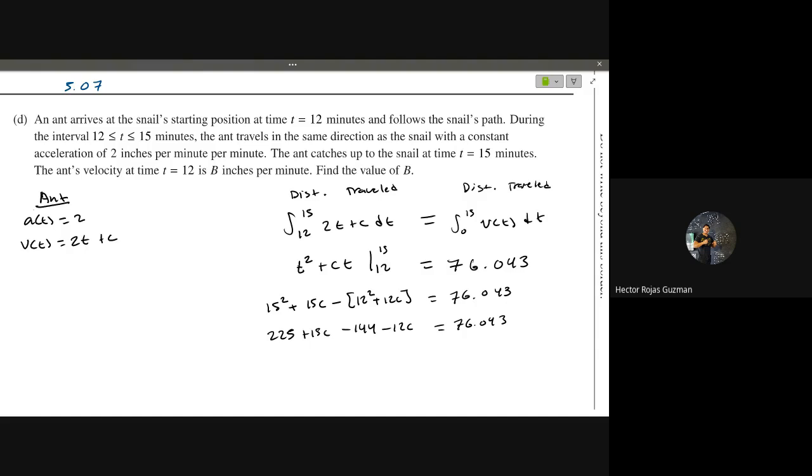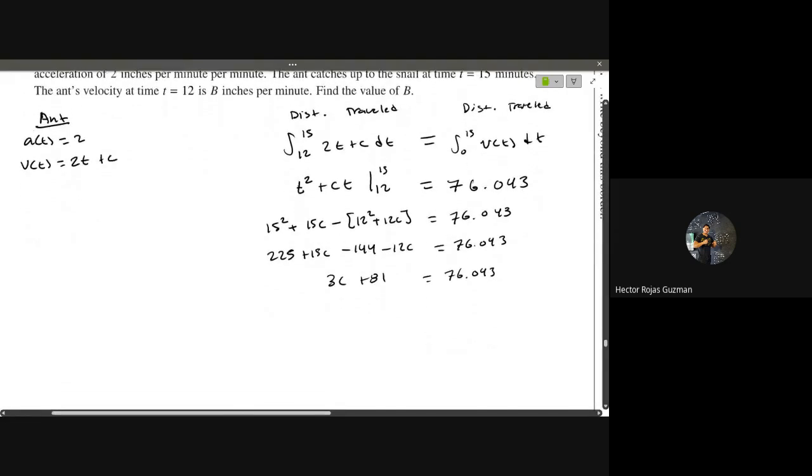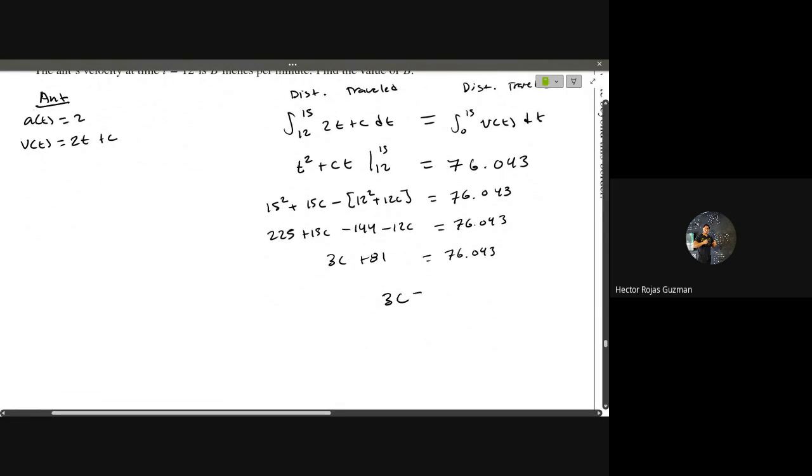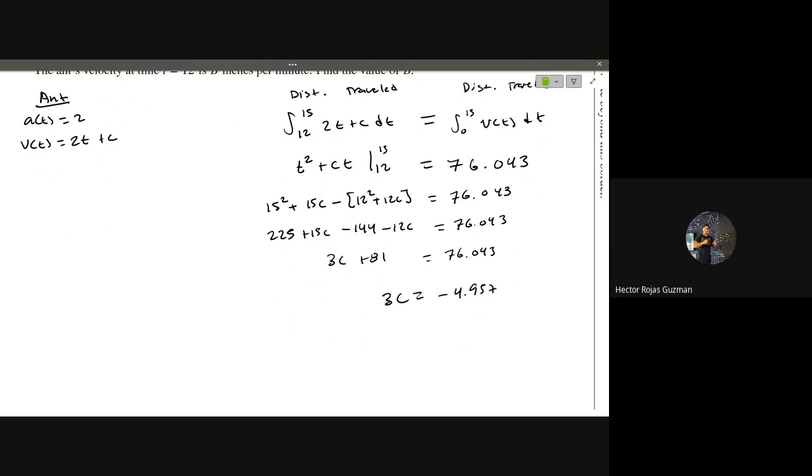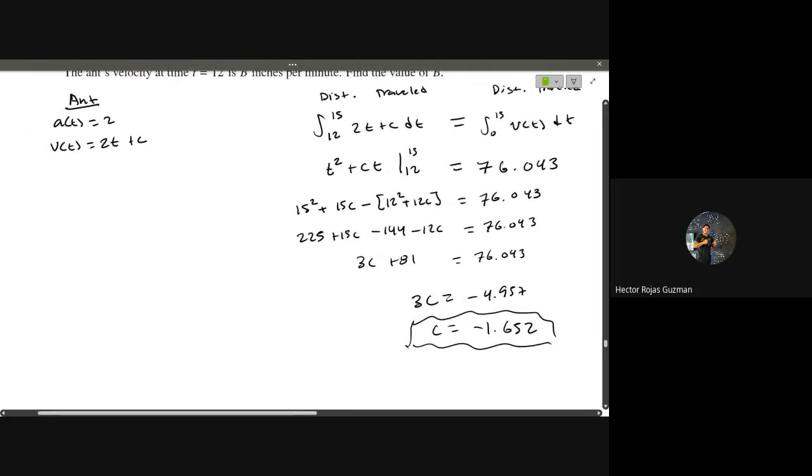Then we're going to get 3c plus 81, which equals 76.043. 3c equals negative 4.957. And you have your calculator for this, right? So use it. Negative 1.652. That's the missing c for the ant's velocity.